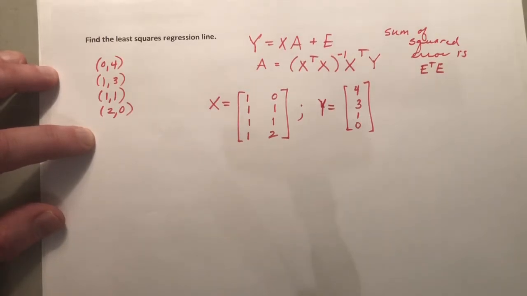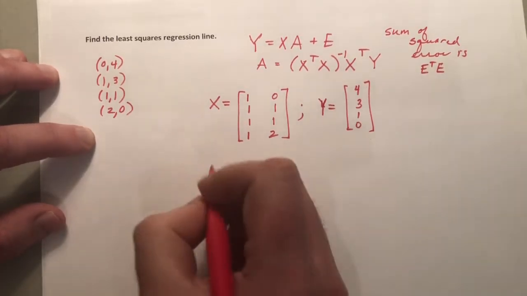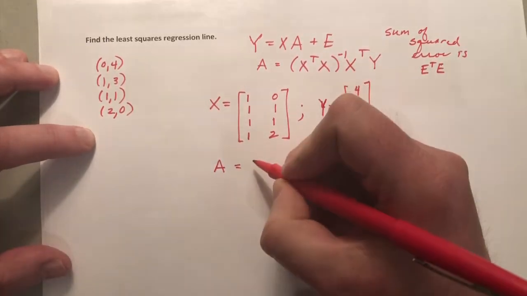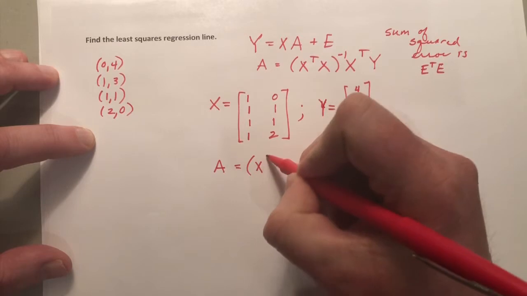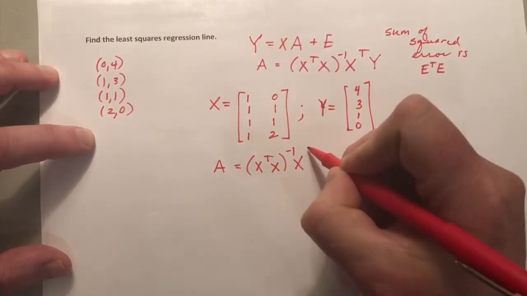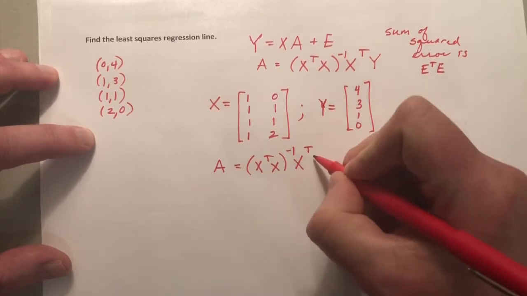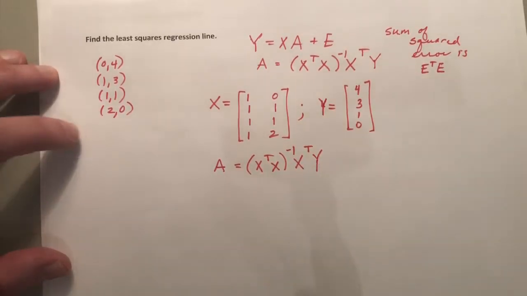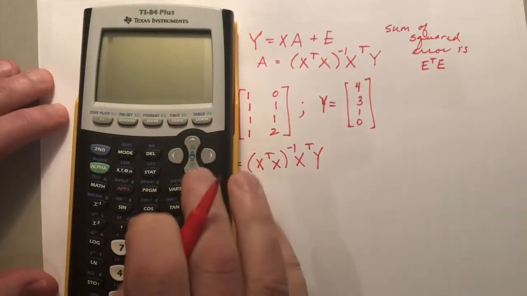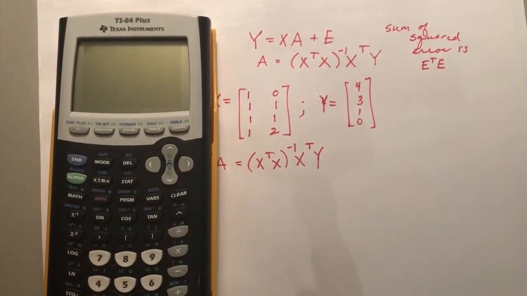And now I really have to figure out what A is. As we know, A is going to be X transpose times X, and then I'm going to inverse that, multiply it by X transpose, then multiply it by Y. Okay? So the idea here is I'm going to try to maximize the use of my calculator.